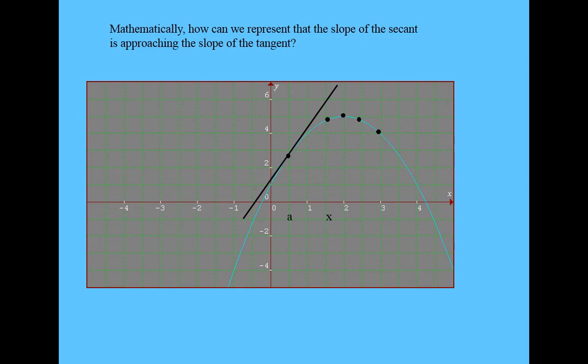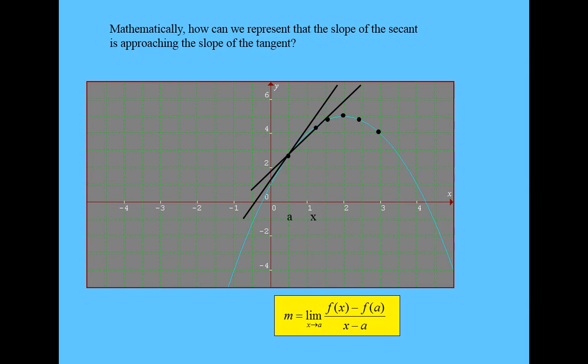And we repeated the process. And every time we let x get closer to a, we saw the slope of the secant line was getting closer to the slope of the tangent line. This is how we found the slope of the tangent line.